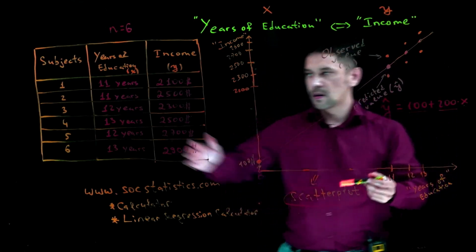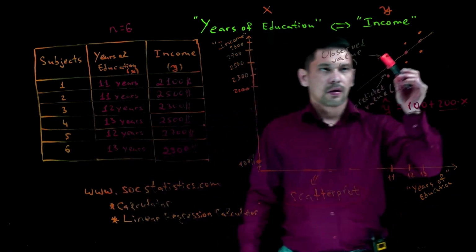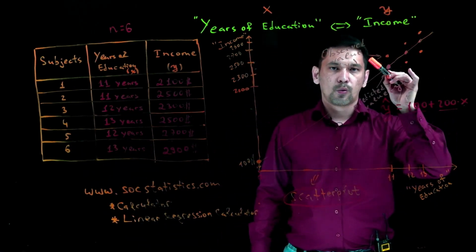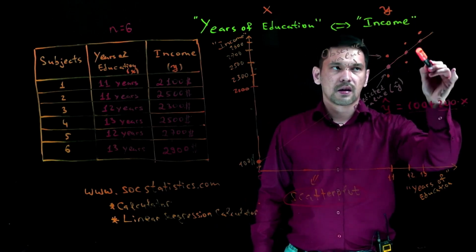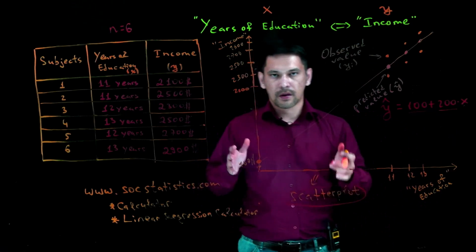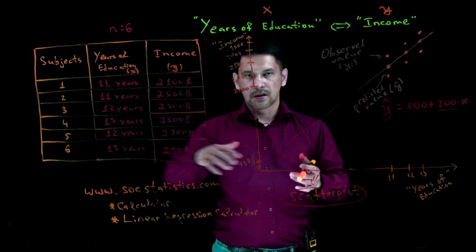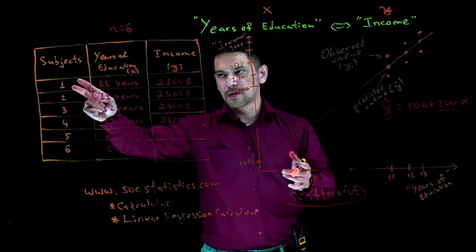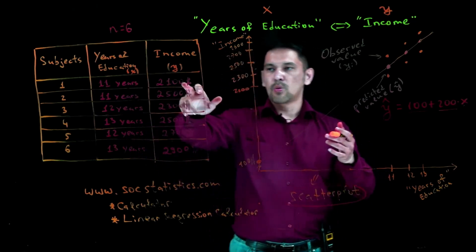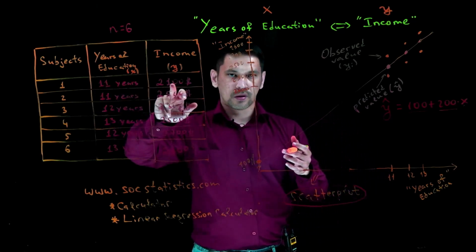Well, since I got 6 people in my sample, I got 6 dots here in my scatter plot, and the y value for any of these 6 dots is called an observed value. You can find all the observed values here in this table. For example, if I say that the observed value for this guy is $2,100, all I mean is that the y value for this person is $2,100.